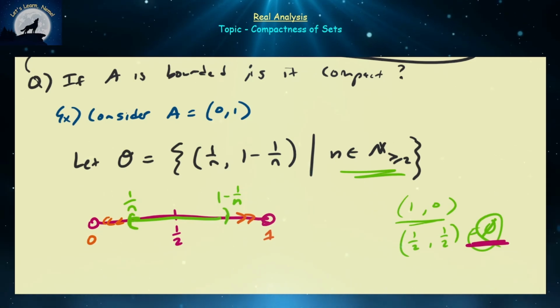Pretty much what you need to show is that for any x in (0, 1), there exists a natural number m bigger than or equal to 2 such that x is contained within one of the intervals.